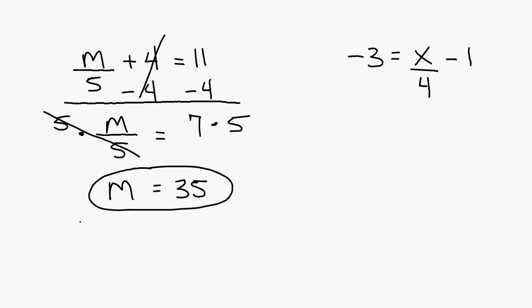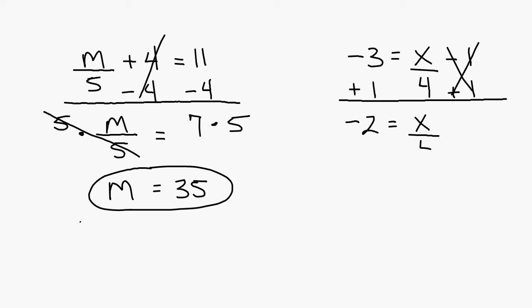First step, add 1. Very good. So the 1's on the right-hand side cancel out. Negative 3 plus 1 is negative 2. So negative 2 is going to equal x over 4.